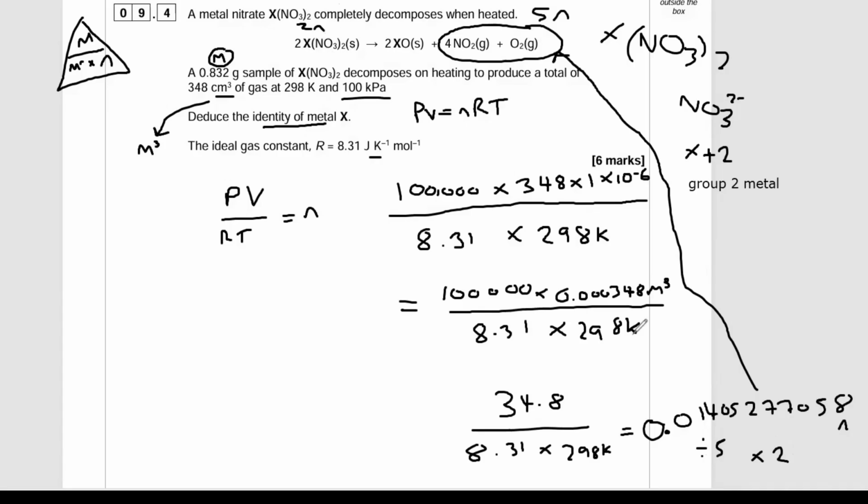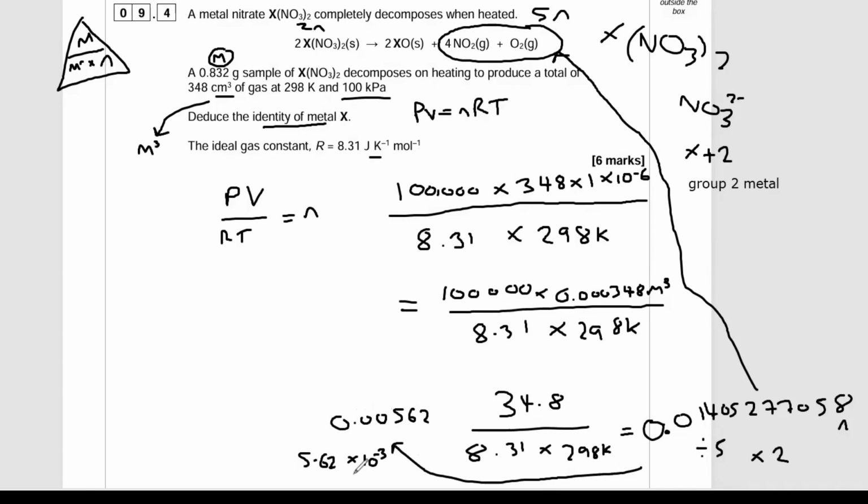So if that helps clear it up in your head, or you're just timesing by 2 over 5, you get the idea. Anywho, let's zing on. So what does this give us? Well, this is going to give us 0.00562, or you could call that 5.62 times 10 to the minus 3.